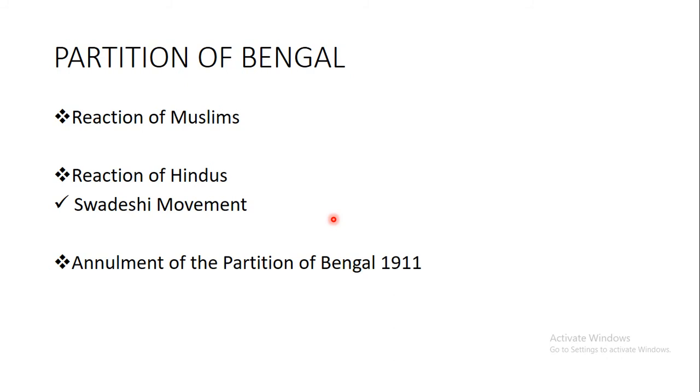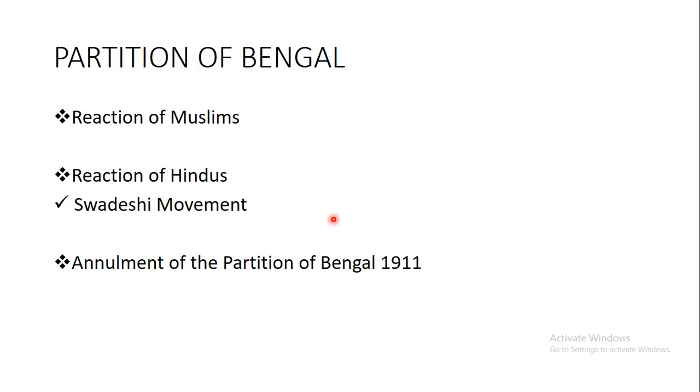So, when Hindus started agitation against the partition of Bengal, the All India National Congress fully supported them. It proved that the Congress was no more a neutral party, because they were supporting Hindus against the partition of Bengal, which was fortunately in favor of Muslims.